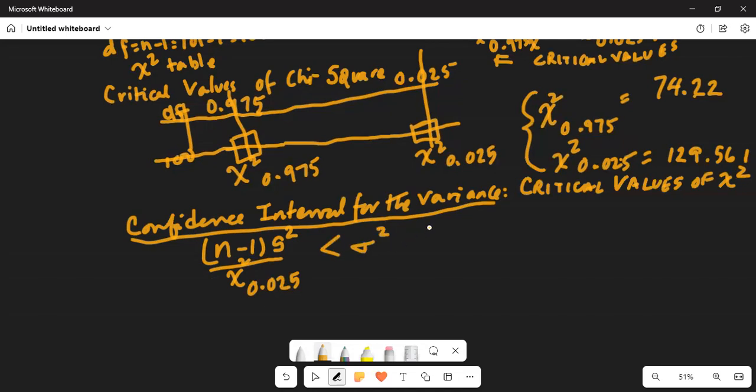Sigma square is the population variance, less than n minus 1 times s square divided by chi-square 0.975.